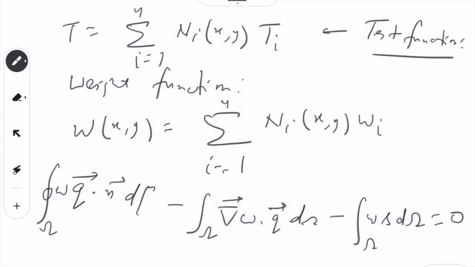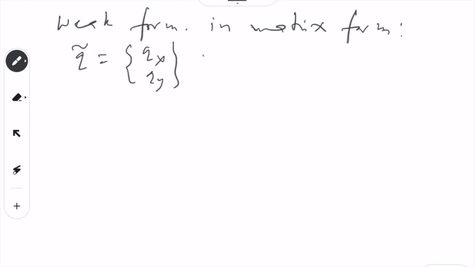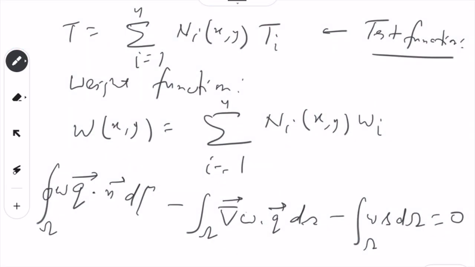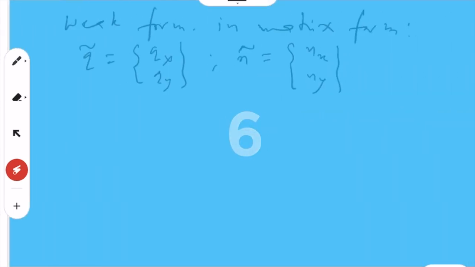So we have n tilde is nx and ny, okay. And then we have delta, so these are all equivalent.